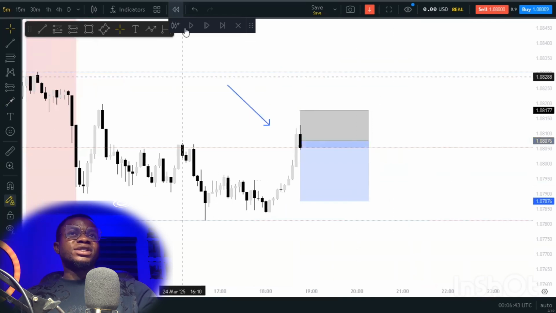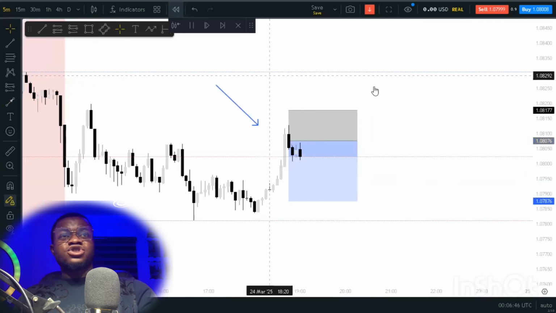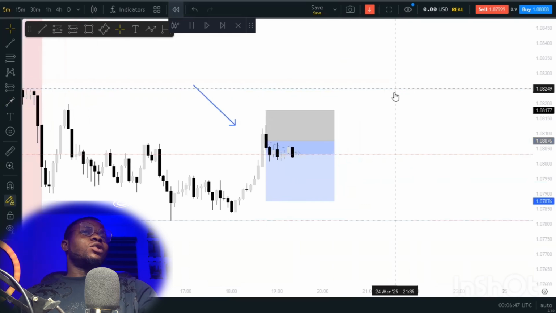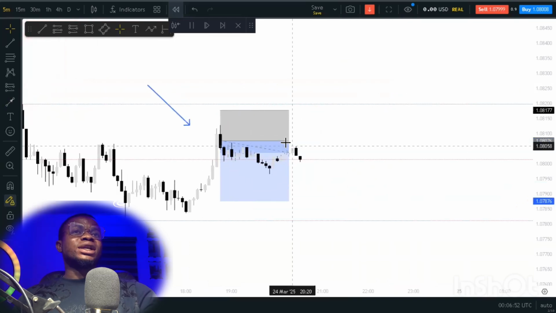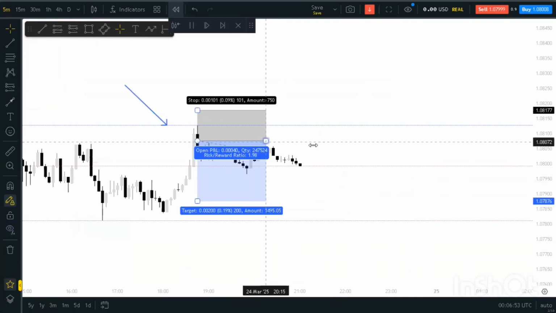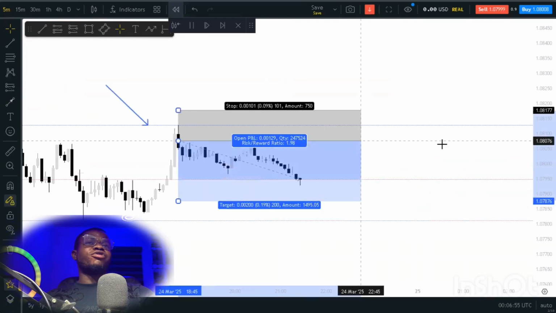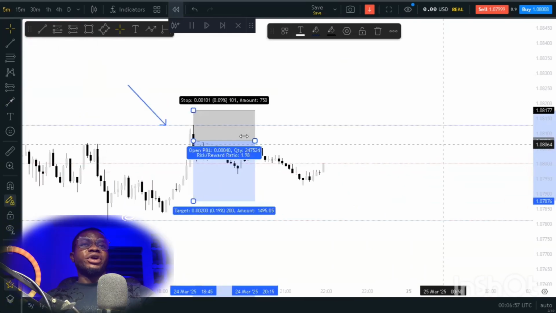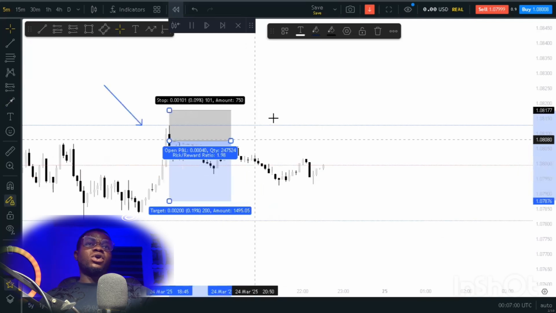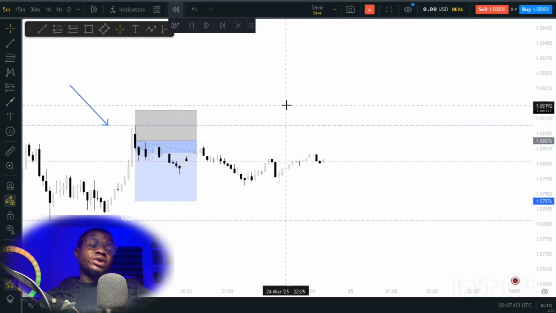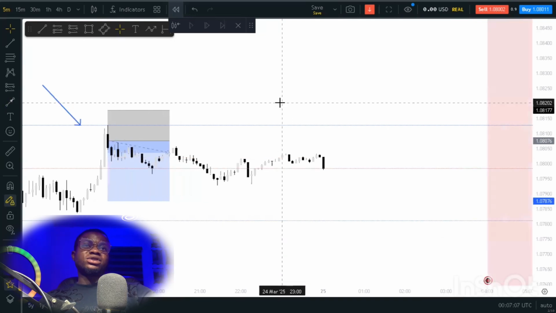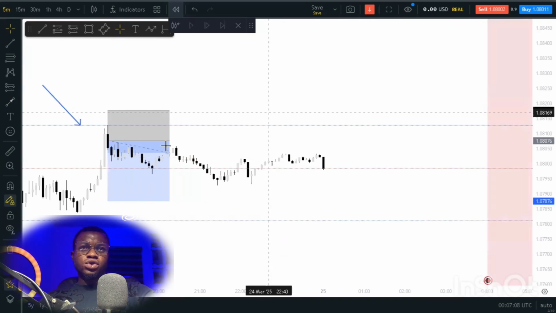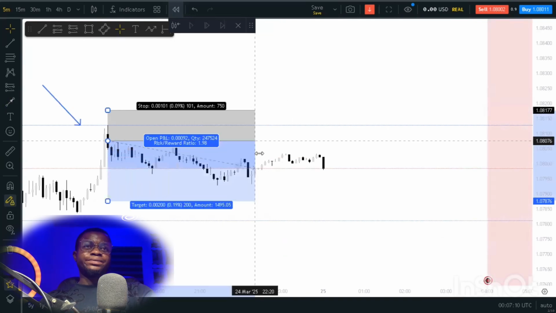With this, when the price gets to our take profit, the trade will automatically close, even if you are offline. And if it hits your stop loss, it's going to take out the percentage amount you are willing to lose.